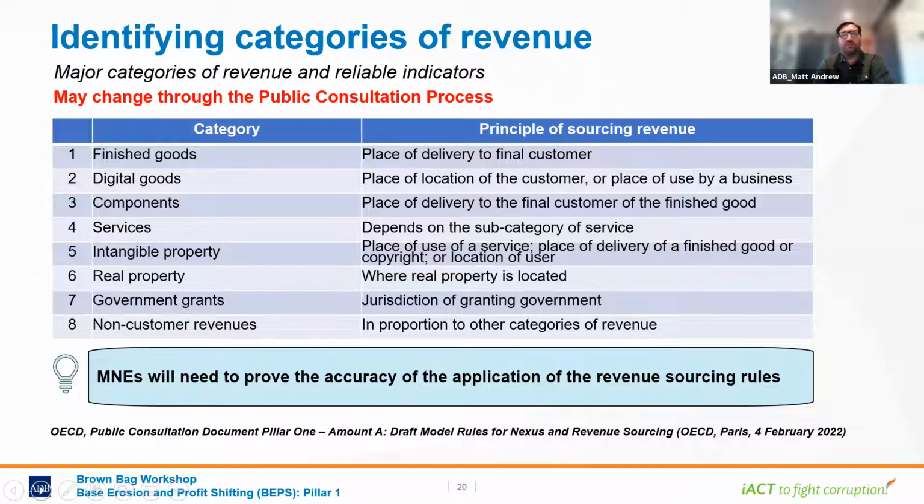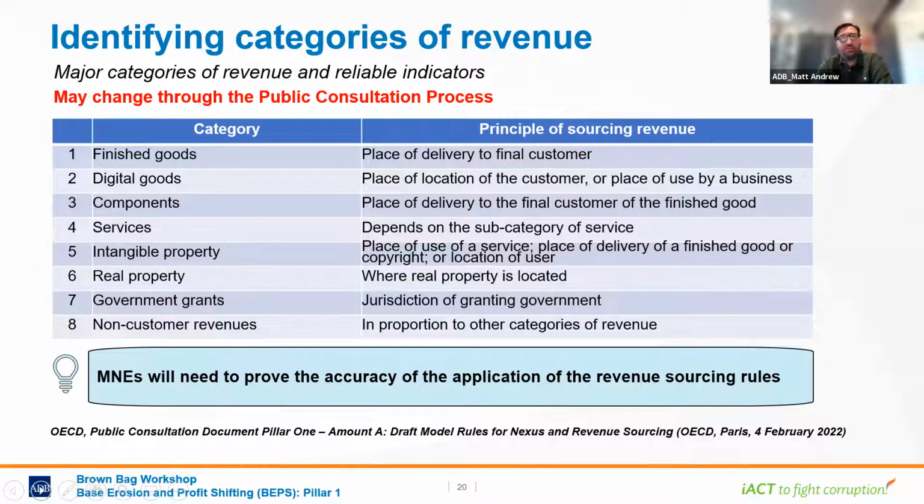First of all, the indicator is relied upon for commercial purposes or to fulfill a legal or regulatory or other related obligation. It would need to be verified by information from a third party that has collected the information, or that indicator and one other indicator point to the same jurisdiction, or the indicator is verified in another manner that is functionally equivalent. So multinationals will need to prove the type of revenue and prove the reliability of the indicator.